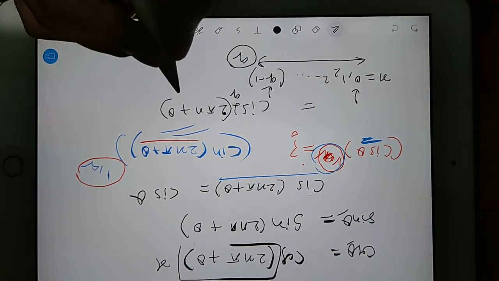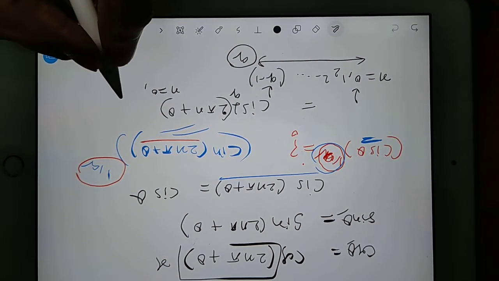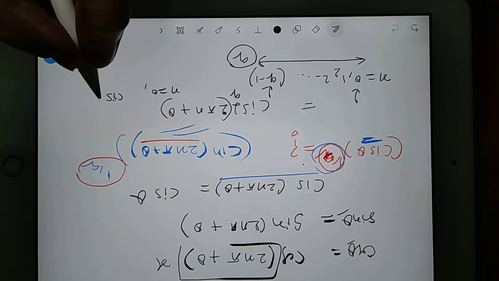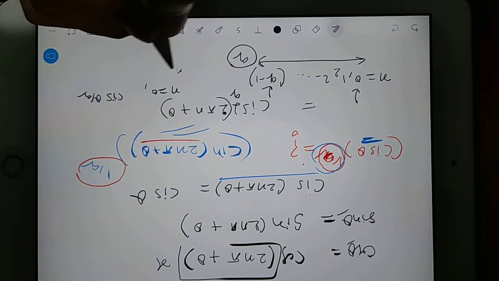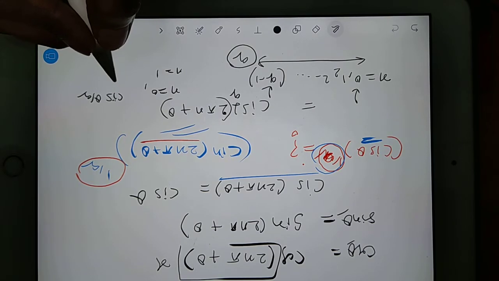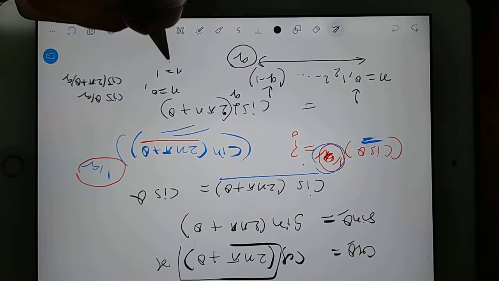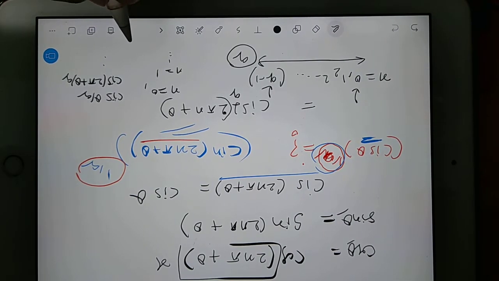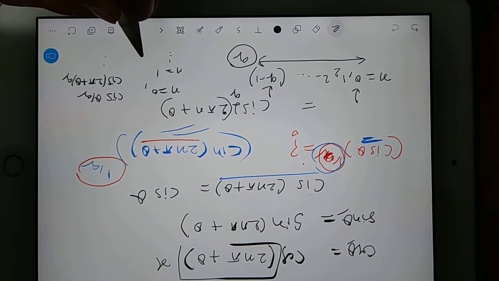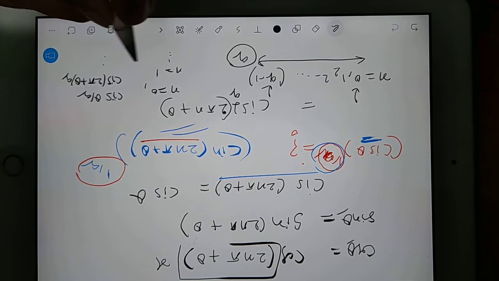So for n equal to 0, if you take it, then it will be cis theta by q. For n equal to 1, if you take it, then it will be cis (2 pi plus theta) by q, correct? So like this. If you put n equal to q, then what answers are you going to get? I'll change the page.